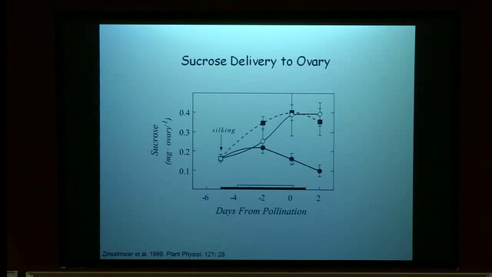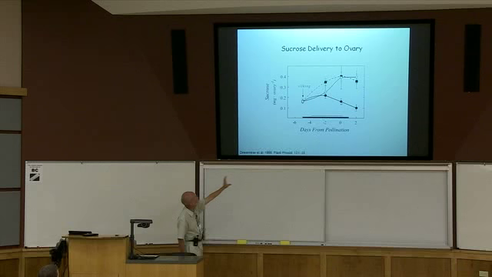So you can see the dark circles here, which are the water-limited plants. Sucrose levels per ovary is dropping through this 5-day period. And in the controls, of course, the sucrose content per ovary has gone up. So there's a big difference in the sucrose content.